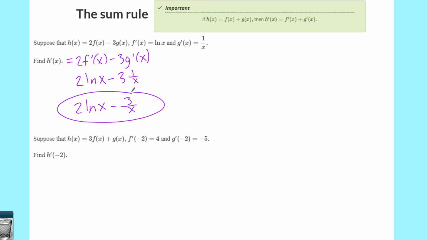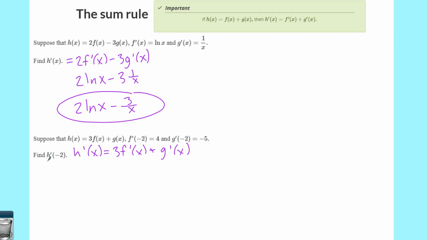Alright, next one. So here's h of x. So h prime of x is equal to 3 times the derivative of f, plus the derivative of g.